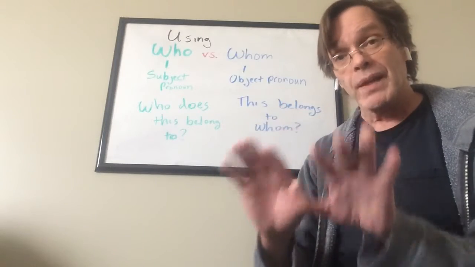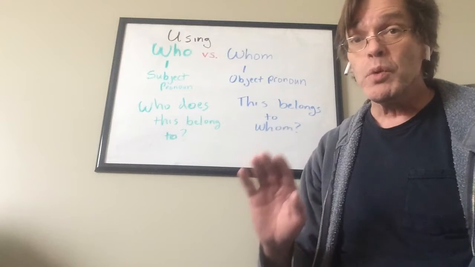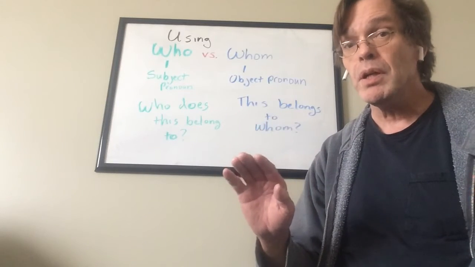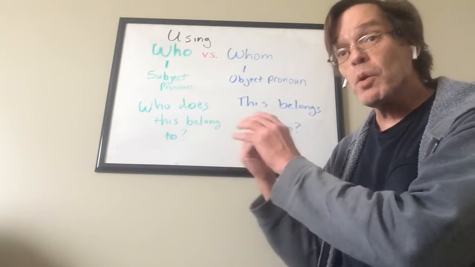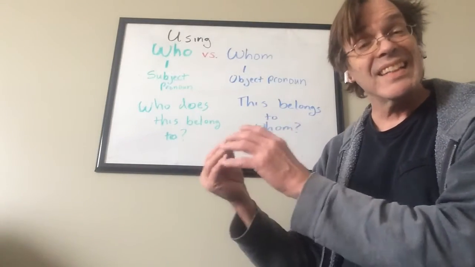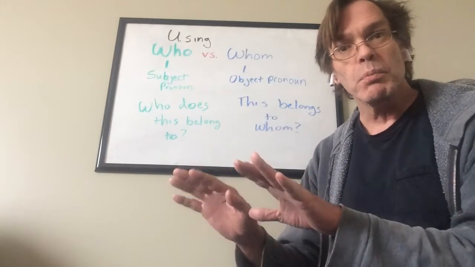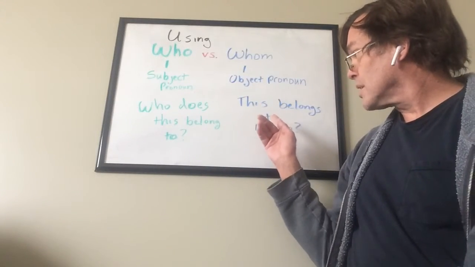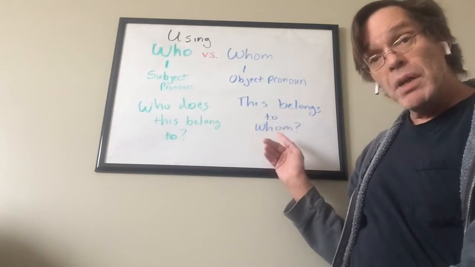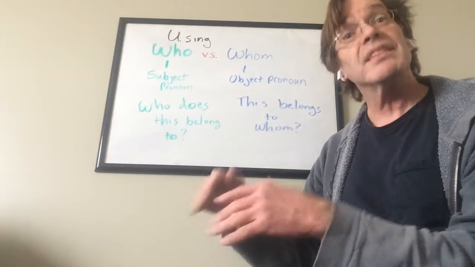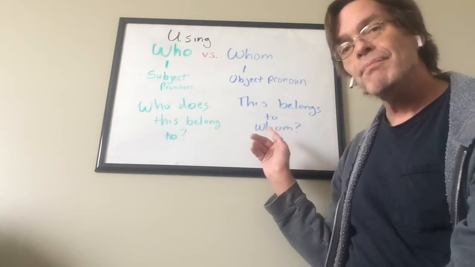Okay, having said that, this is the trick. If you can replace him in the sentence that might use either who or whom, and the sentence makes sense, then you use whom. So for example, in this case, you could say, this belongs to him. It makes sense. It sounds correct. So therefore, whom is correct.